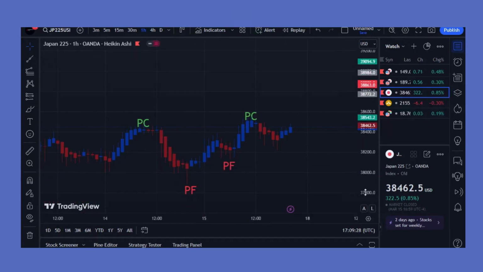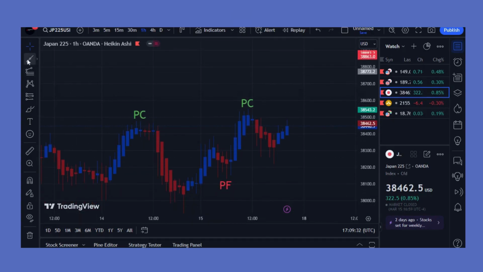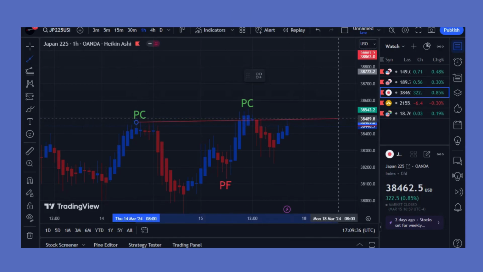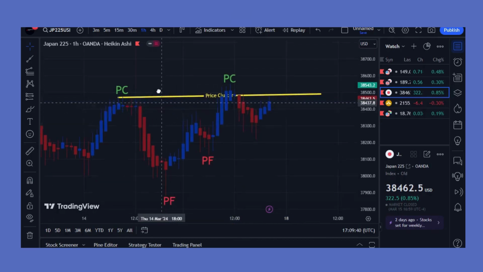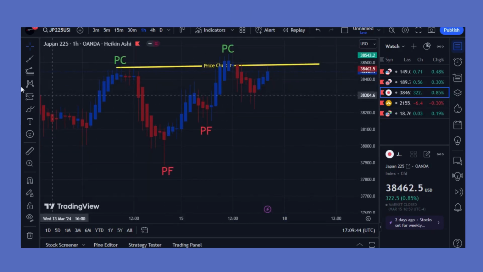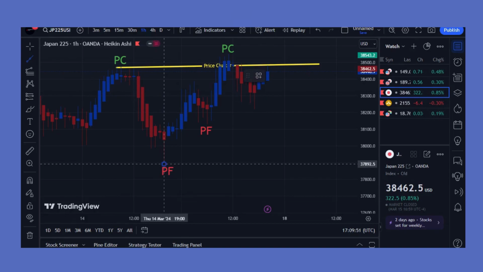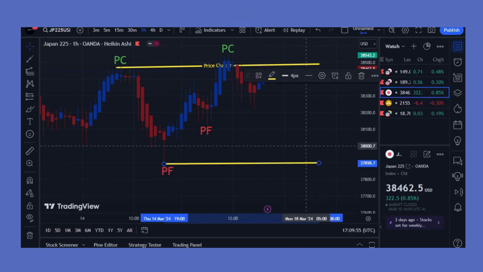Alright, so the next thing is to find price clusters. There's the price cluster here. It's already been taken, and furthermore the price is going to run through the price cluster to give another price cluster to the downside. Yes, of course, there's a price cluster here that's been taken, not been broken yet.